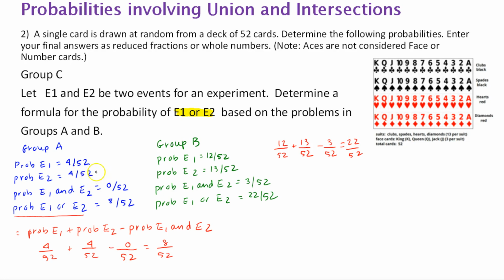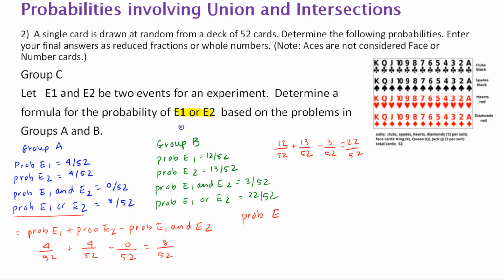Note here you may do some problems and just say, oh, I have an OR problem, I add the probabilities. And that will work as long as the intersection is empty. But with the formula we're going to write here, if you always remember to subtract off the intersection, then no matter whether they're mutually exclusive or not, our formula works. So let's write this here.